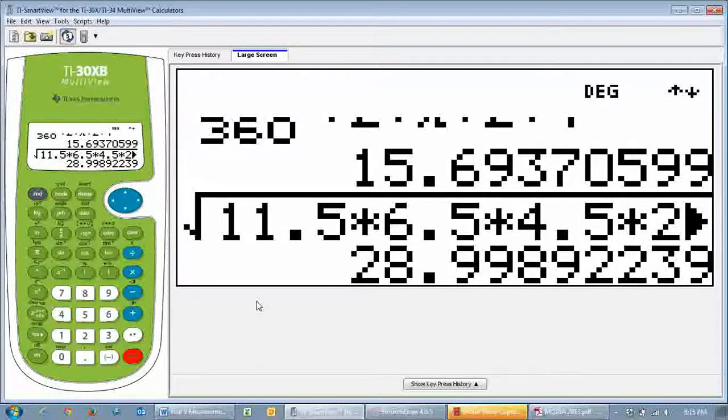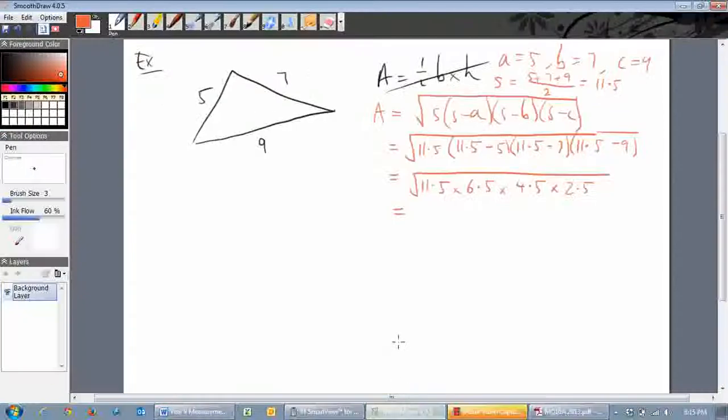Enter. Gives us a grand total of 28.99. We'll round that up to 29 even. Okay, so that's just equal to 29, and we haven't been given units here because I was lazy, and so the area is just 29 units squared. And that's Heron's formula.